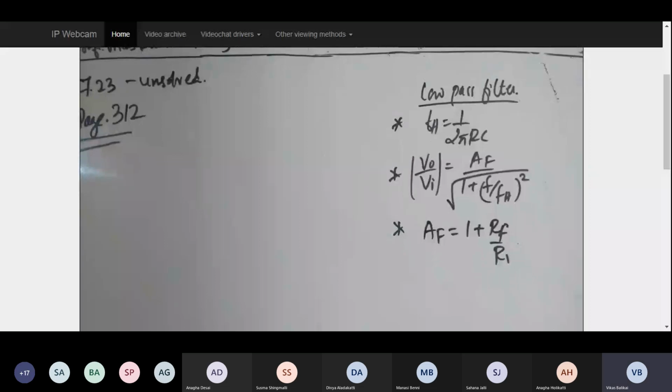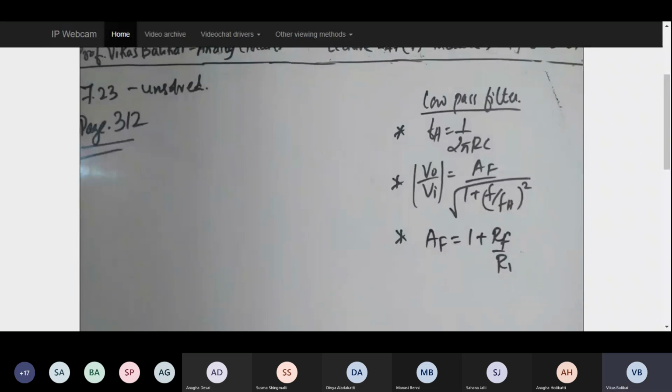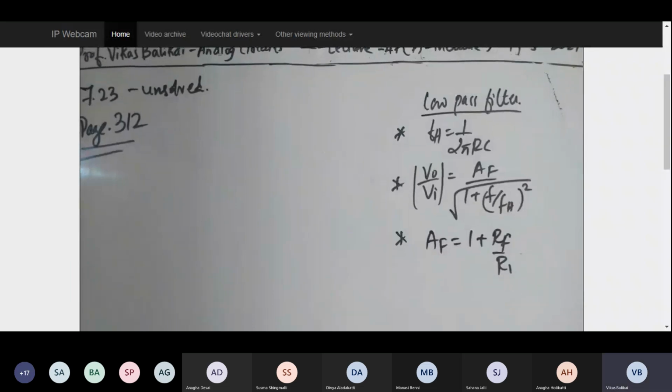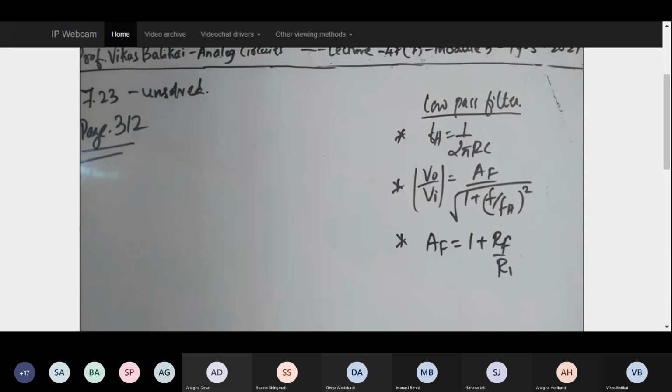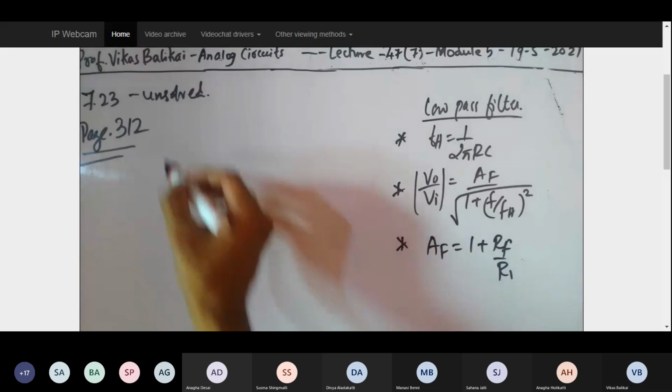Okay, so what is the problem statement? The problem statement is: design a first order low pass filter so that it has a cutoff frequency of 2 kilohertz and a pass band gain of 1. So what are the things he has given? Cutoff frequency, which means FH, he has given as 2 kilohertz.